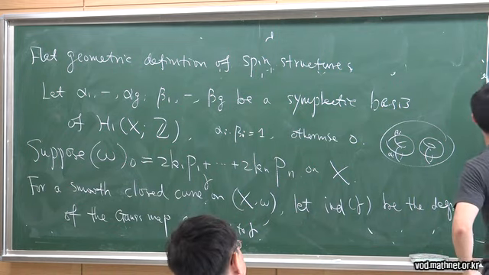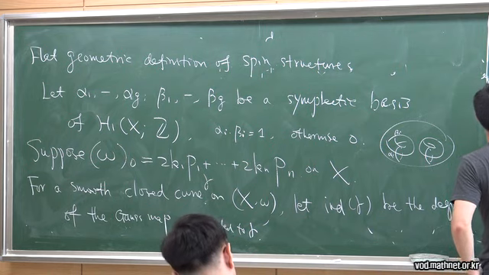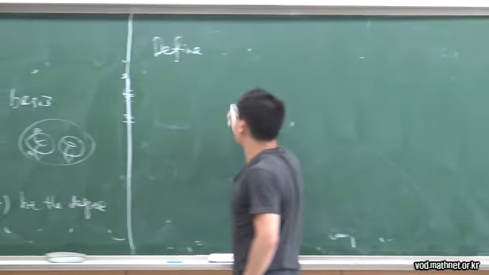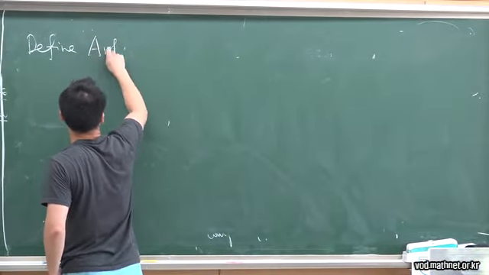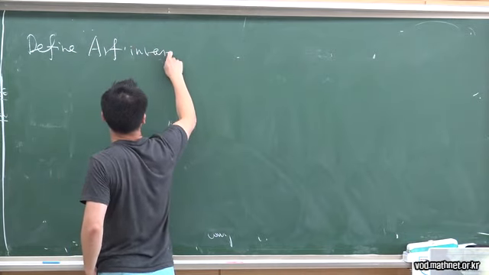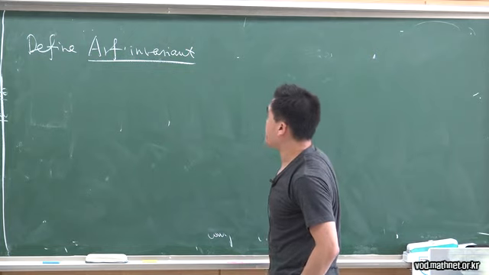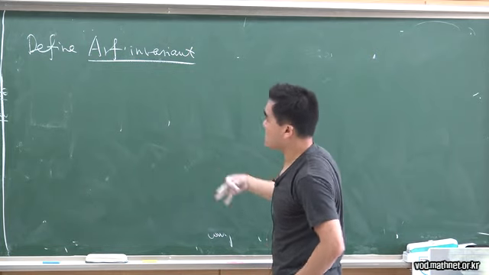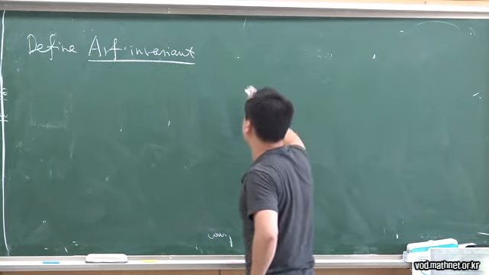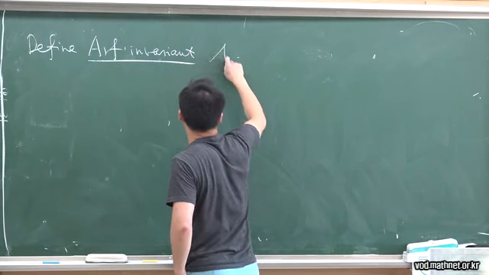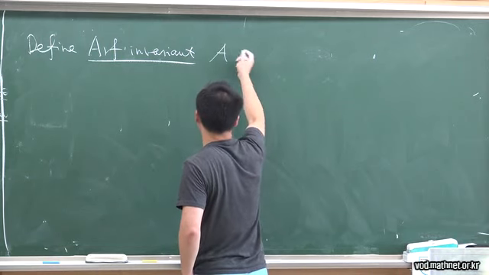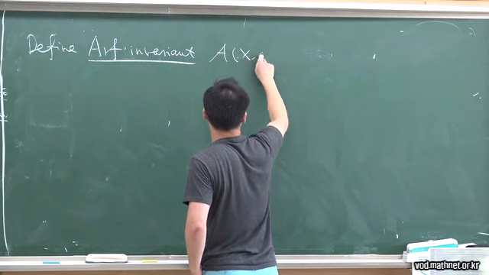Now we define the so-called Arf invariant. I think Arf, if I remember correctly, was a Turkish mathematician who worked on some related things. Let's just call it A. This has something to do with X and also the differential form omega.